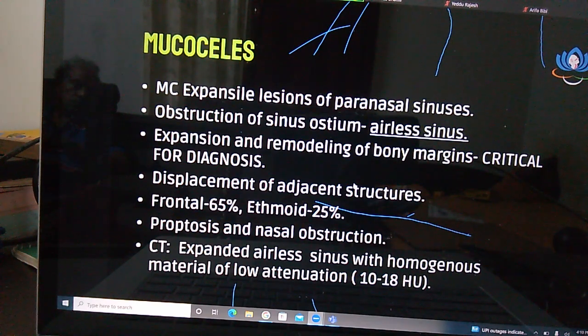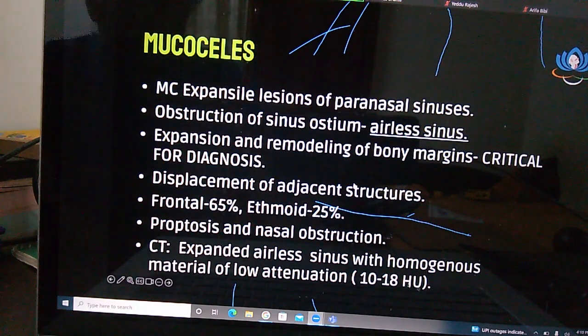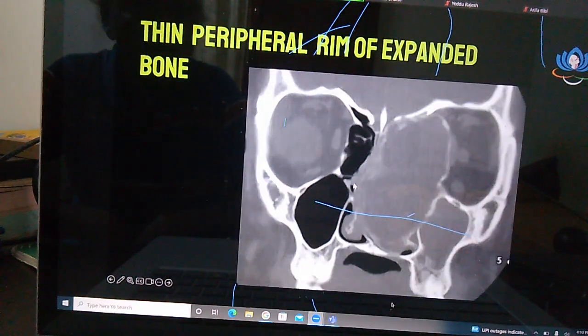I've published a paper also on mucoceles in unusual locations, and they can present with proptosis or nasal obstruction, varied symptoms, mainly because of the size. Okay, and on CT scan, an expanded airless sinus with homogeneous material of low attenuation, with 10 to 18 Hounsfield units.